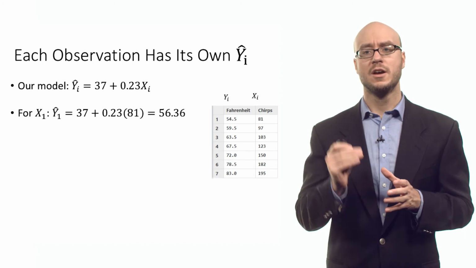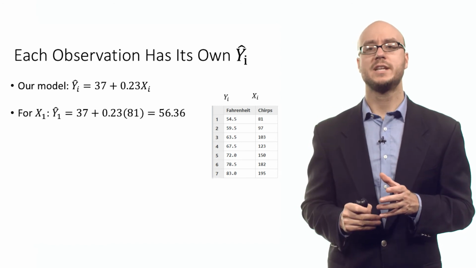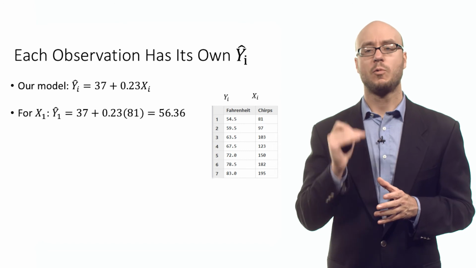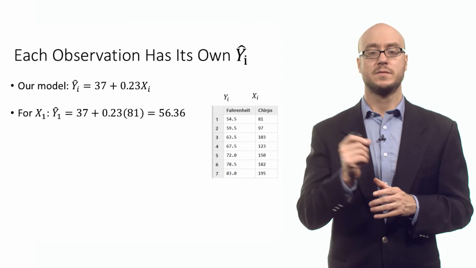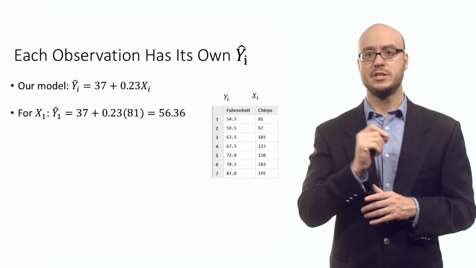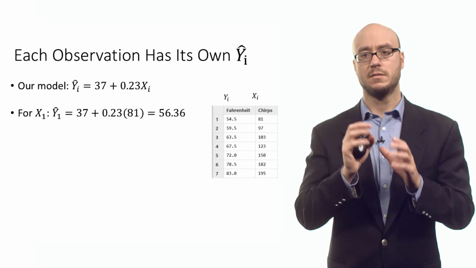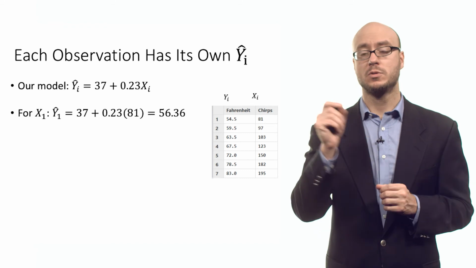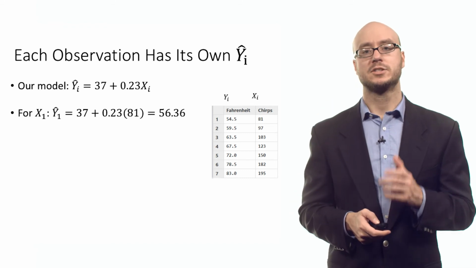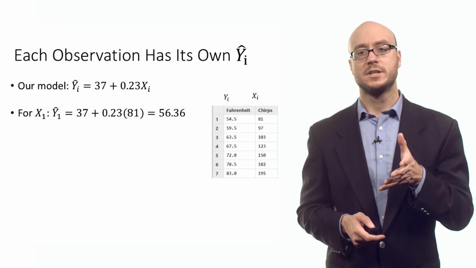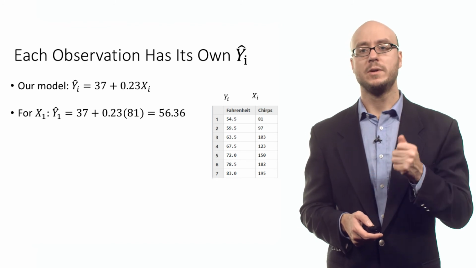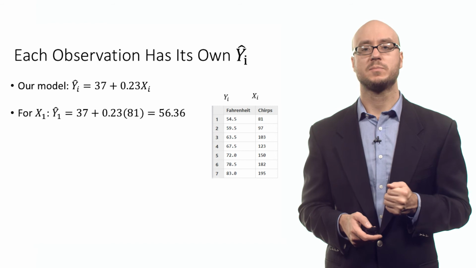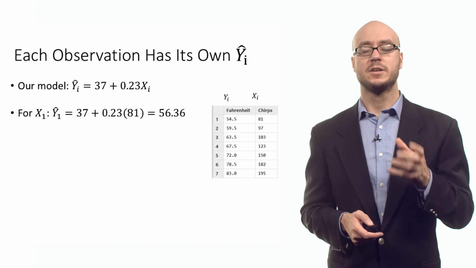Now you can notice for each row of this data set, we have a different y hat, a different predicted value. All that's telling us is that each point has its own location on that line. So when i equals 1 for x, we have this value of 56.36 degrees Fahrenheit.